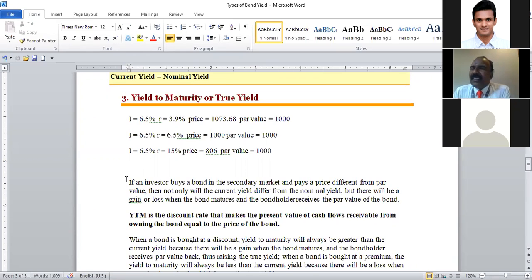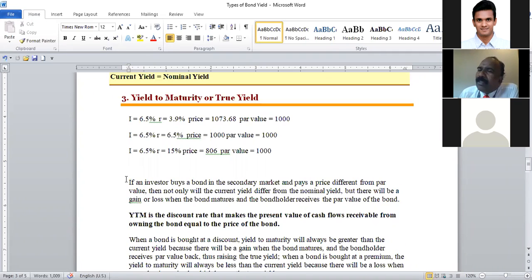So that's called the internal rate of return. That is the rate for evaluating the projects. The same logic, the same method is used here. The internal rate of return for bond yield is called yield to maturity.